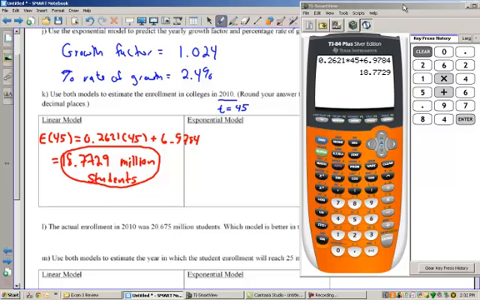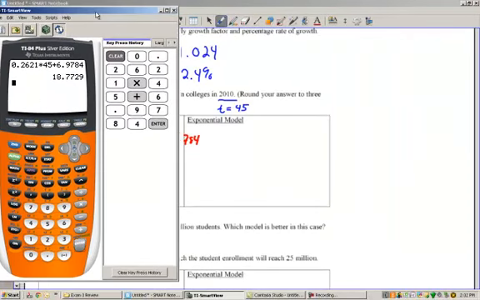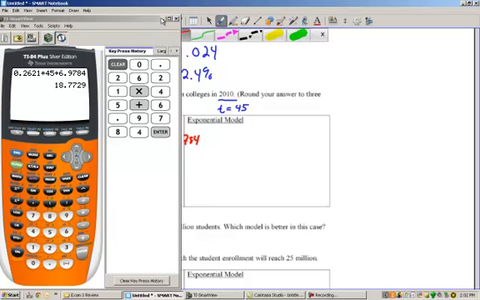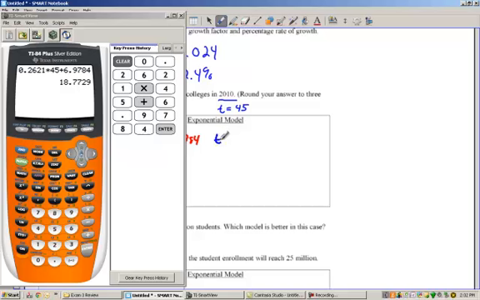And then on the other side, I want to answer the same question. So still t is going to be equal to 45. So I'm going to find e of 45, which was equal to, you can flip back, 7.111 times 1.024 to the 45.